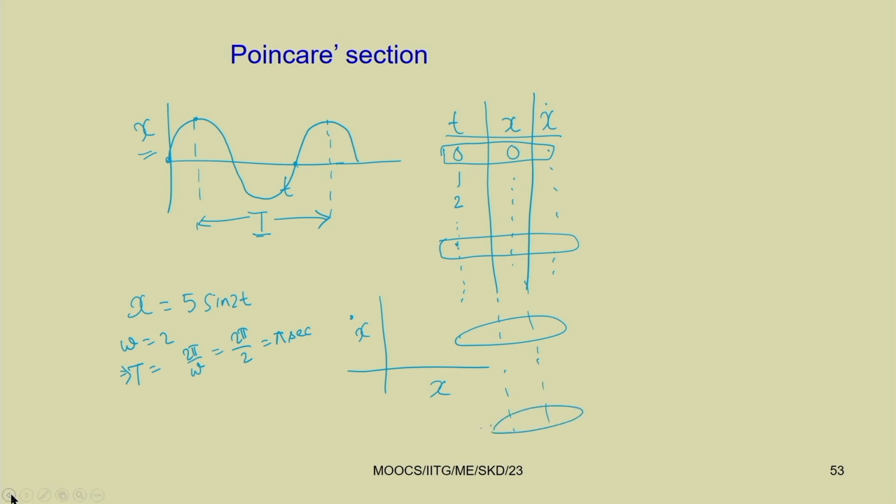In this particular case, you will get only this point, the 0 0 point, x equal to this. The x dot equation will be 5 into 2 cos 2t. So, this is equal to 10 cos 2t.